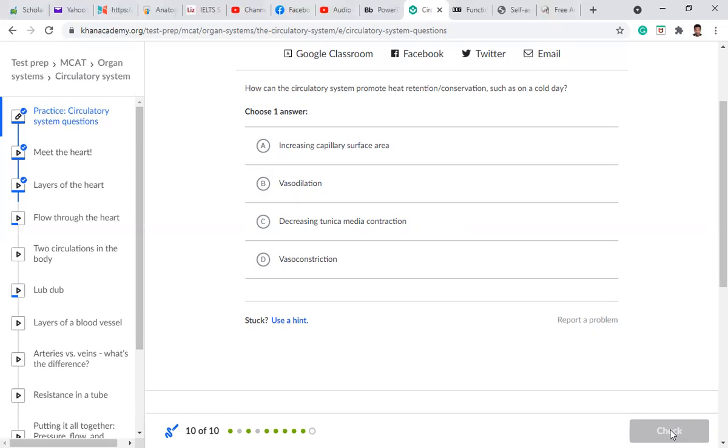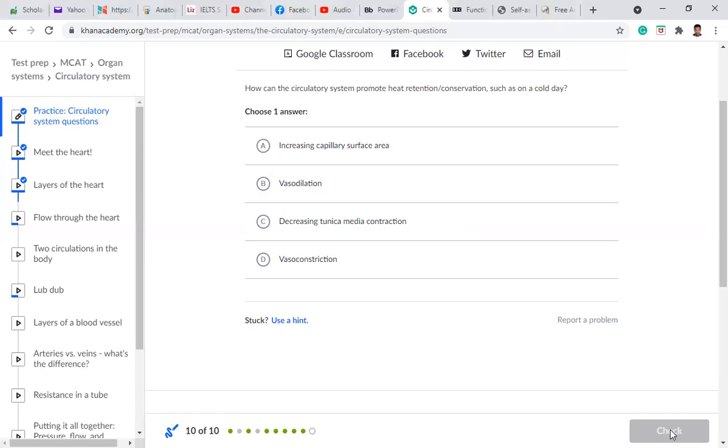Okay, I don't think that's the answer. So what happens? I'll teach you temperature regulation later. But when the weather is very cold, you want to prevent blood flow to the surface of your skin. Why?